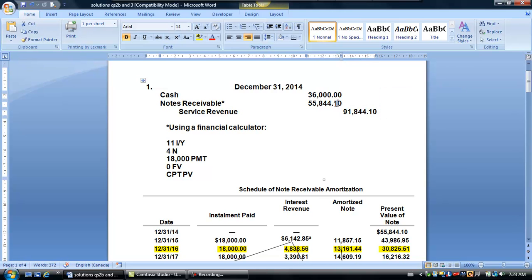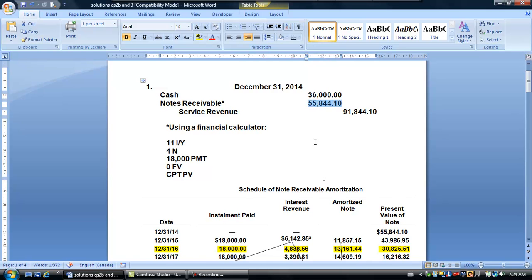So in any case, I'm not going to worry about 8 cents when I've got $55,000 in a note, but you should notice that the table will sometimes produce amounts that are a little bit different from what the calculator produces, but always use the calculator because it does provide the more accurate figure.